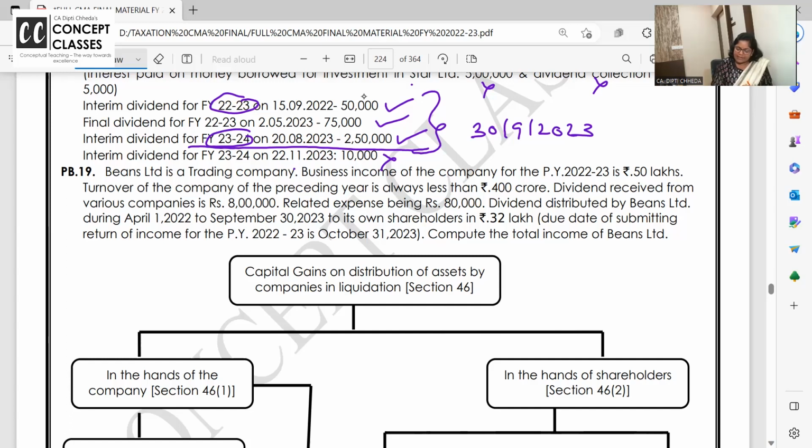In the 8 lakhs, is there any interest paid? 20%? No. And 80,000 is not allowed. Do the problem and tell me the answer. First you tell me the total income, then you tell me the tax.